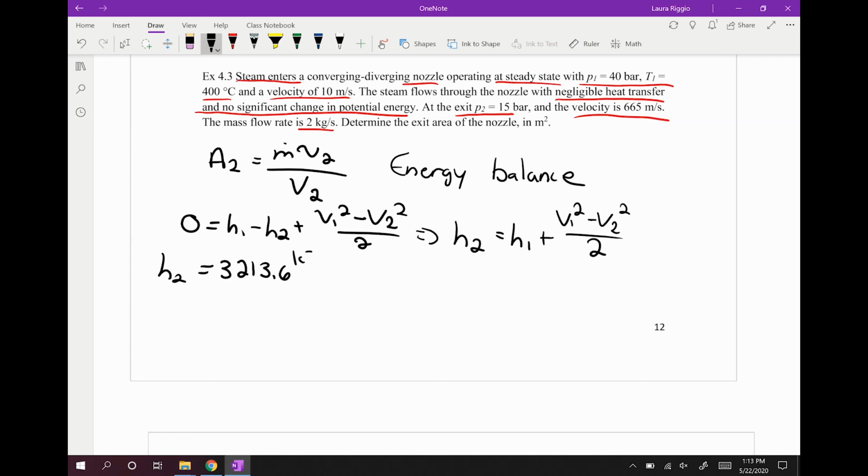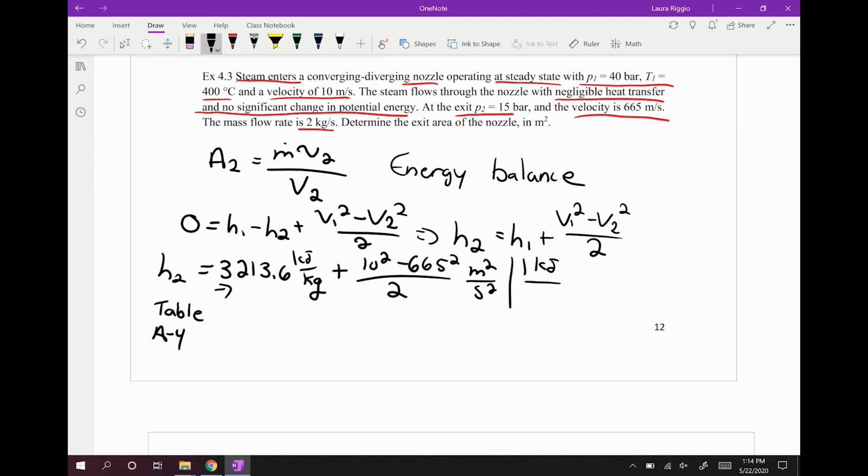So H2 is equal to 3,213.6 kilojoules per kilogram, which is from table A4 based on my pressure of 40 bar and my temperature of 400 degrees Celsius, plus (10 squared minus 665 squared) divided by 2 meters squared per second squared.